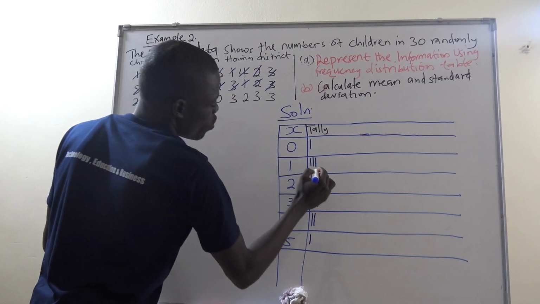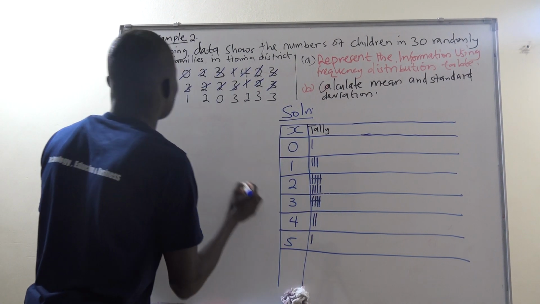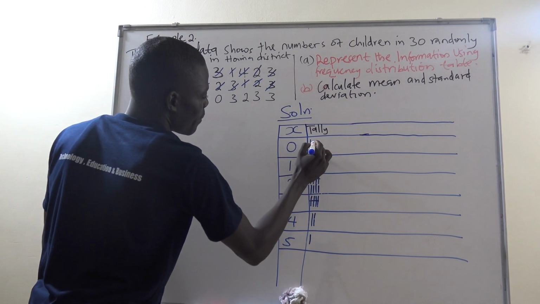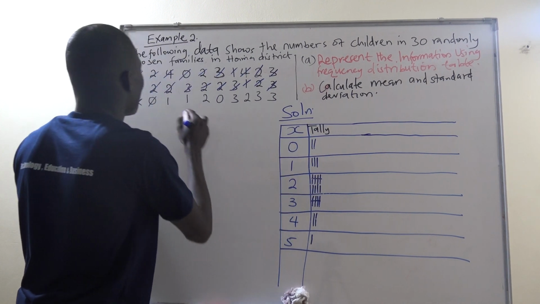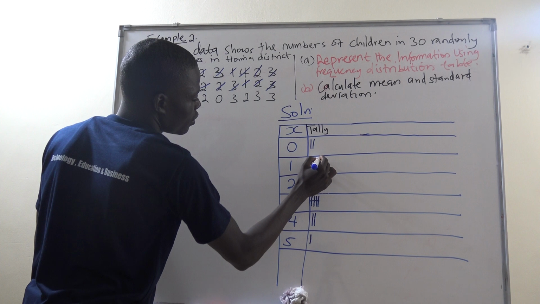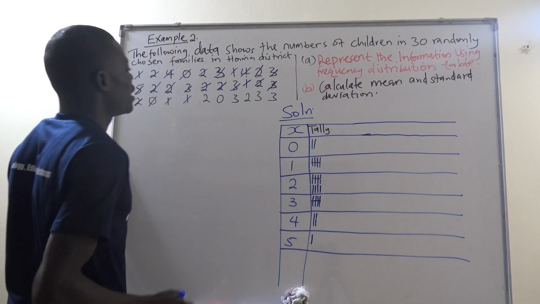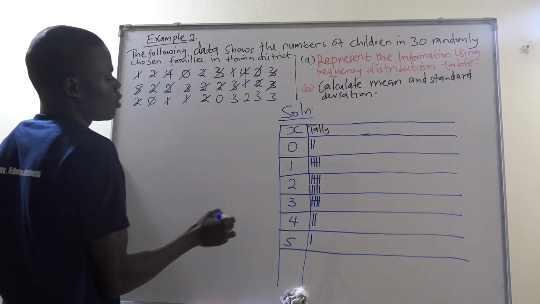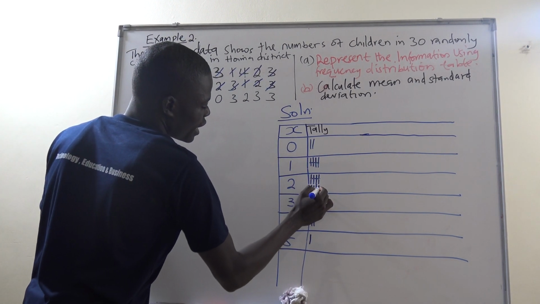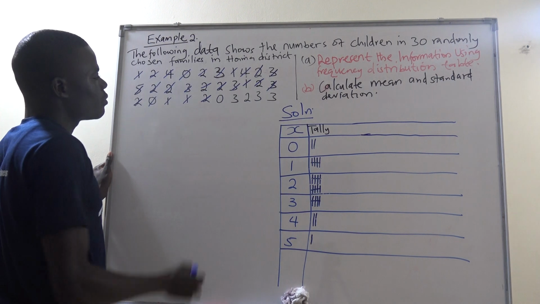Then we have 2, 0, 1, 1. 1 also is making 5, we shall tie it. And then we have 2 is making another 5, we tie this bundle.